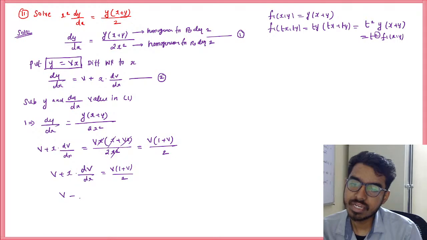If we bring this from that side, we will have v minus v into 1 plus v by 2 is equal to minus x into dv by dx.